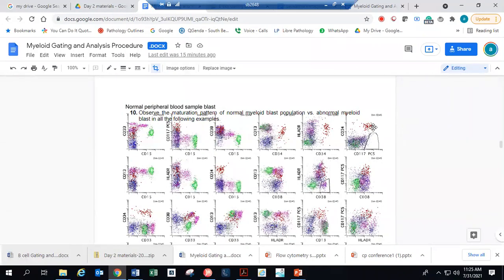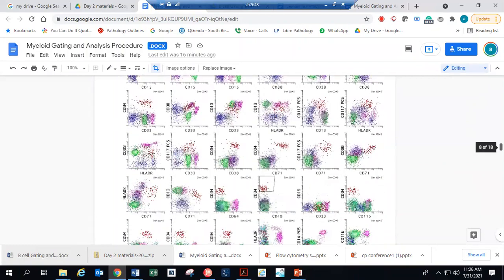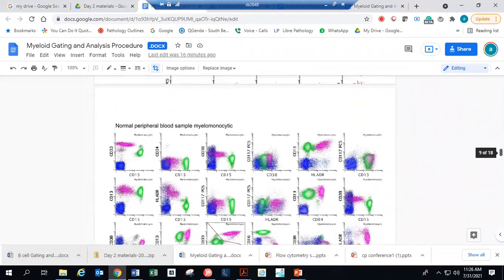Anyways, the peripheral blood is not supposed to have blasts. So this is a population that has blasts in the peripheral blood. The blasts will be having CD34, 13, 33. So these are your normal myeloid blasts that should not be spilled over in the peripheral blood. They are still there, but they should be less than 1% anyways.